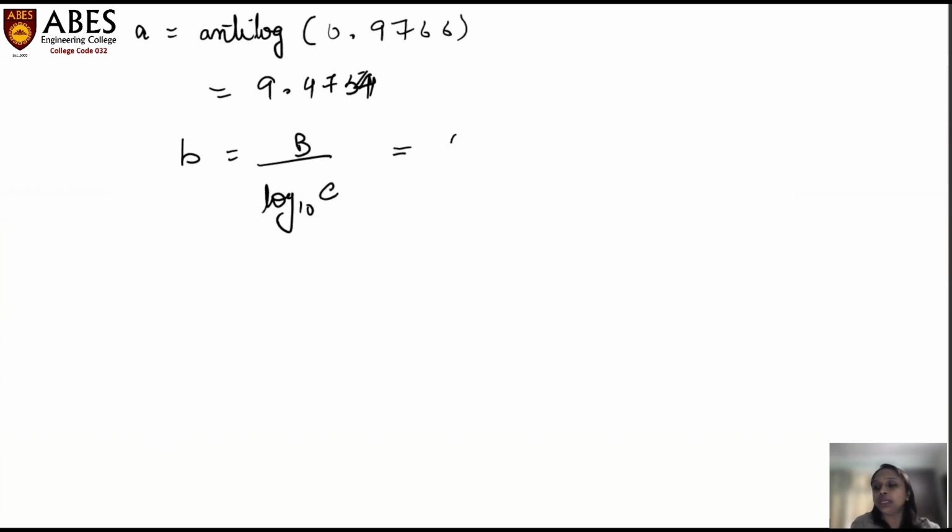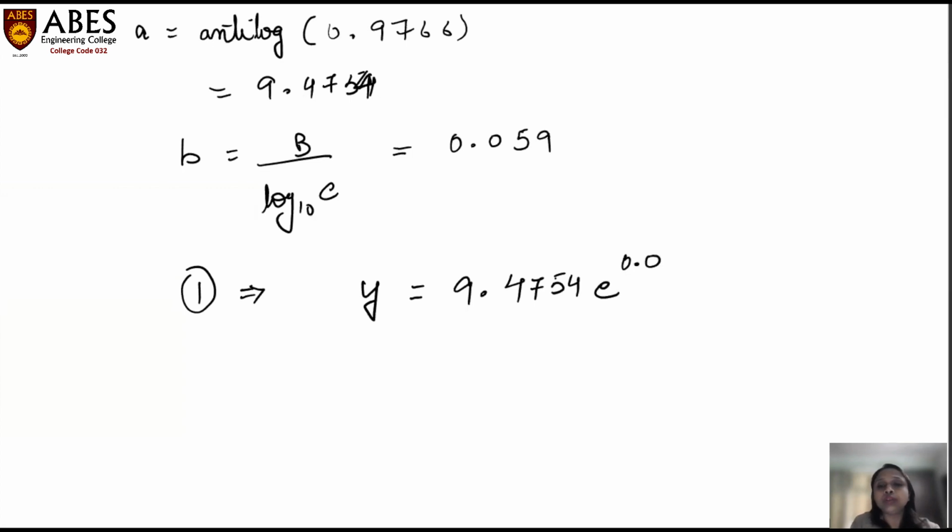On solving it, we will get its value as 0.059. So these are the values of a and b. So my best fit for the curve given by equation number 1 is 9.4754 e to the power 0.059x. So this is my final curve which best suits the data.